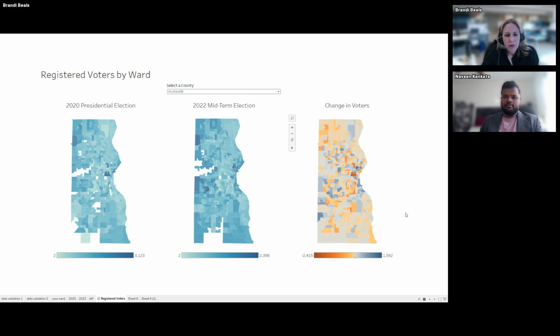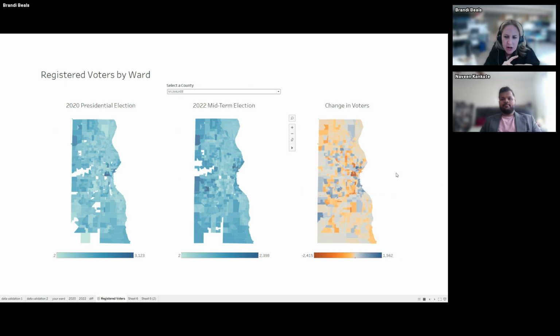Another thing I tried, and I get that I don't get points for ideas and not execution, is that I was really hoping to input my address and have a pin drop onto this map so I can see where my ward is and start to highlight that.